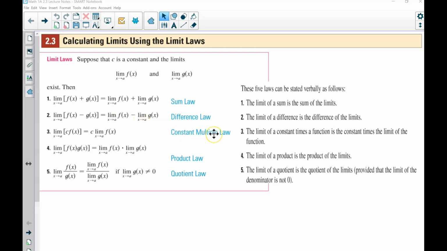The constant multiple law: the limit of a constant times a function is equal to the constant times the limit of the function. The product law: the limit of a product is the product of the limits. And the last one, the limit of a quotient is the quotient of the limits, provided that the denominator does not equal 0.